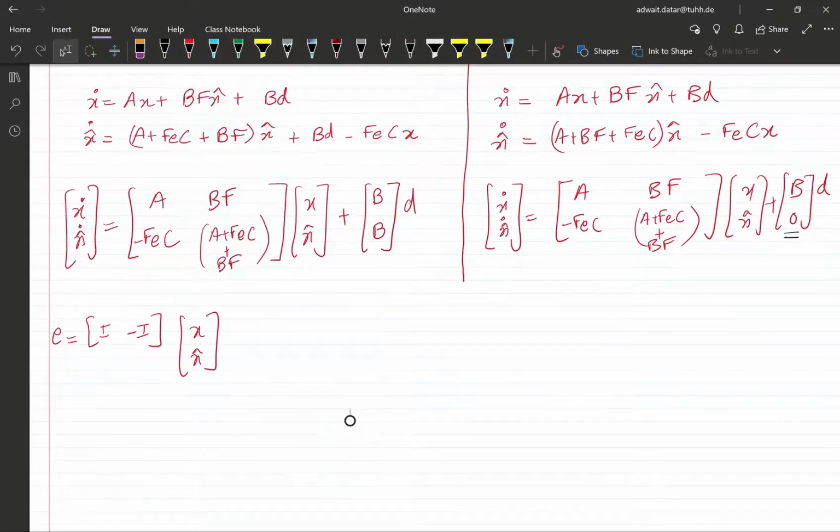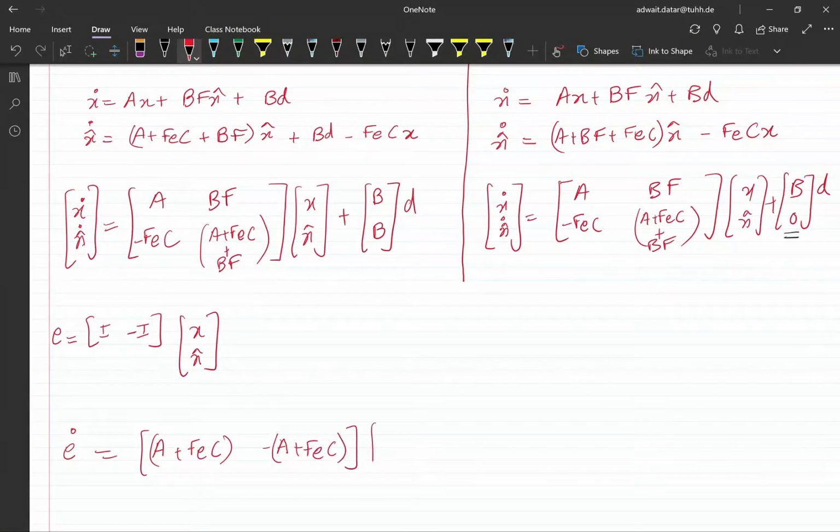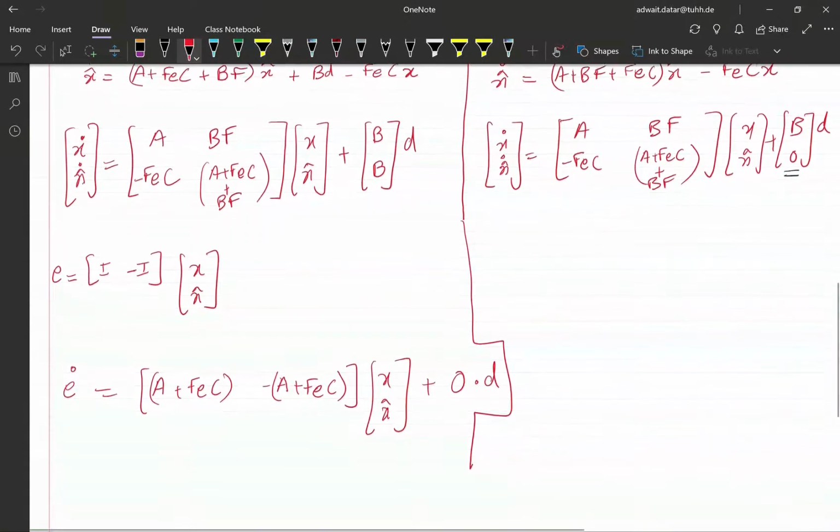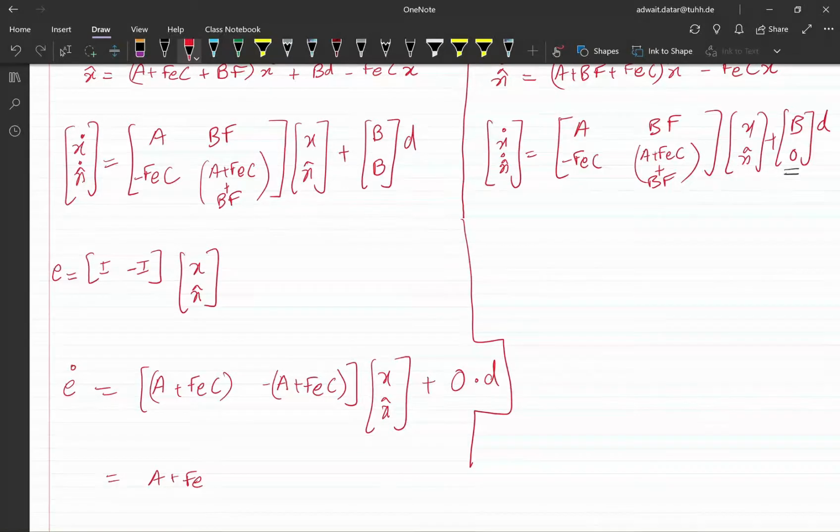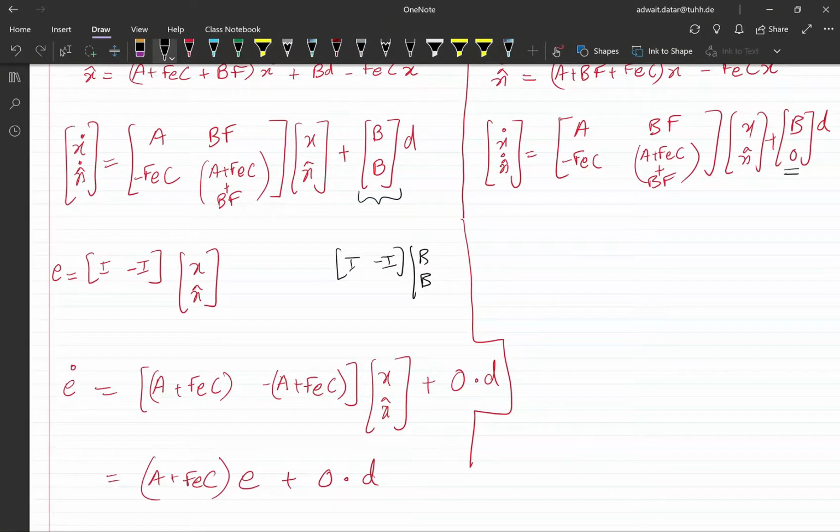And so if we do that, we get E dot as A plus FeC times E, minus A plus FeC x hat plus 0 times D, which is A plus FeC times E plus 0 times D, and this is because we have BB repeated here and we have I minus I B, which is 0.